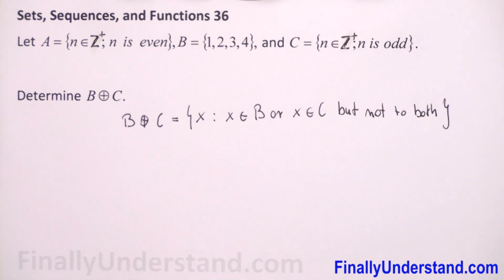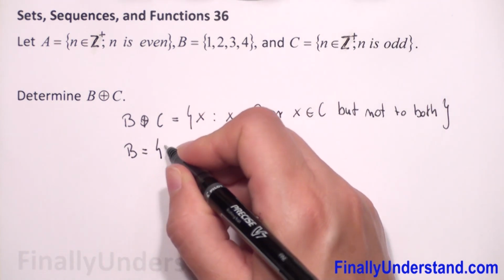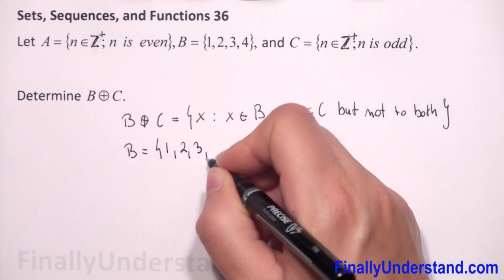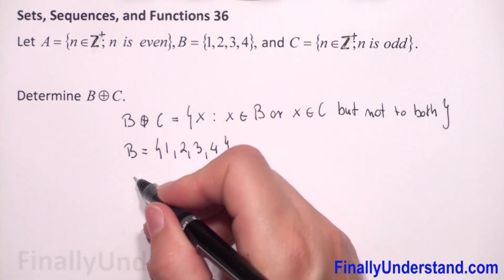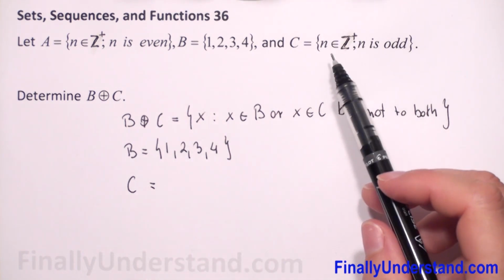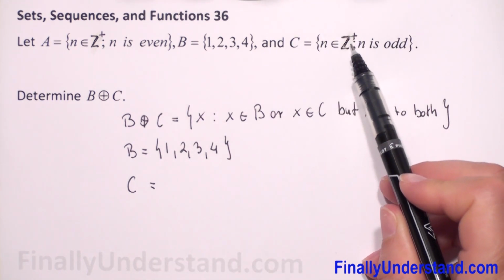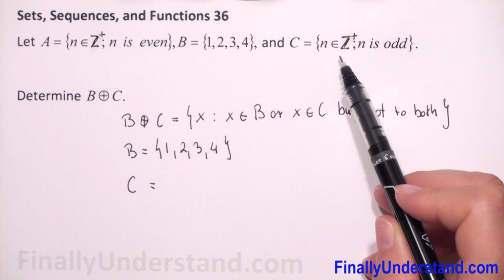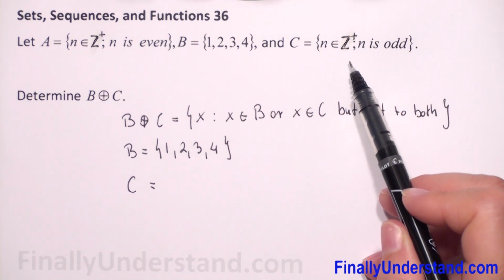So next, let me copy set B. We need to have set B, which has elements 1, 2, 3, 4, and we need set C. We see that set C is all positive integers. Z plus means positive integers. And we know that all the numbers used for counting are positive integers.